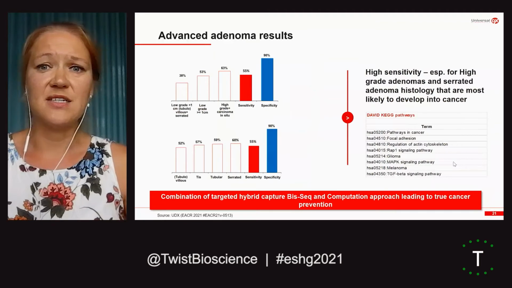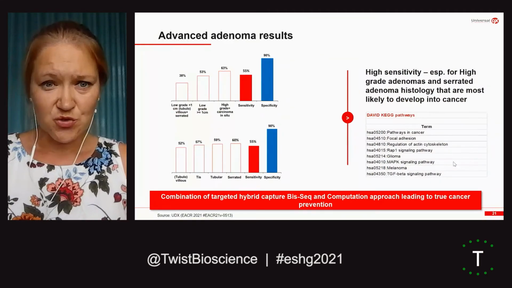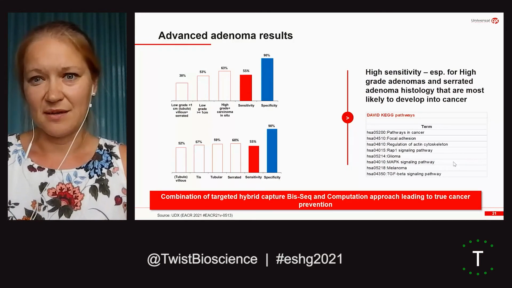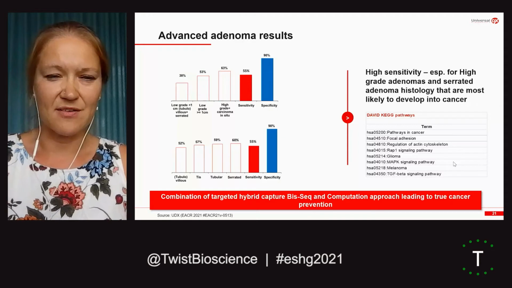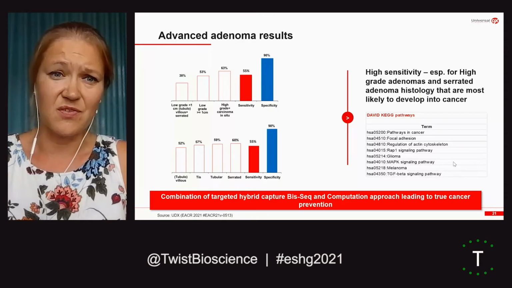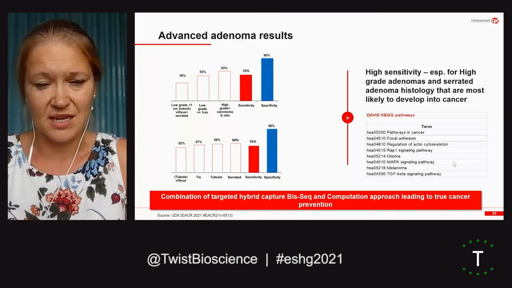Based on a similar approach of looking at the AMBER score or the read-based methylation signal scores, and building a model and validation, we managed to get sensitivity levels as high as 55% for the advanced adenomas at 90% specificity.